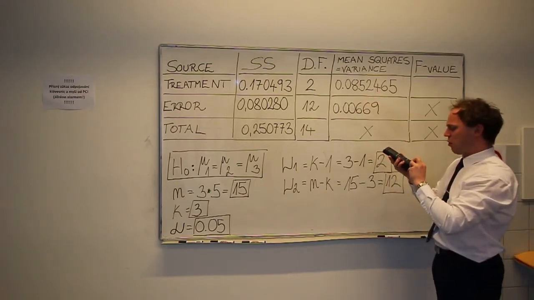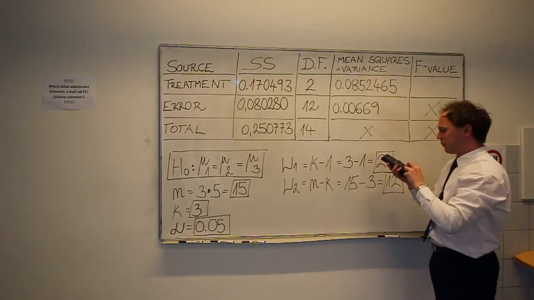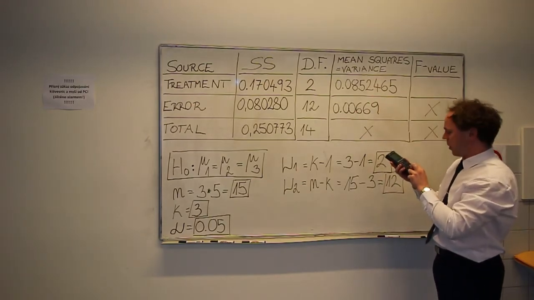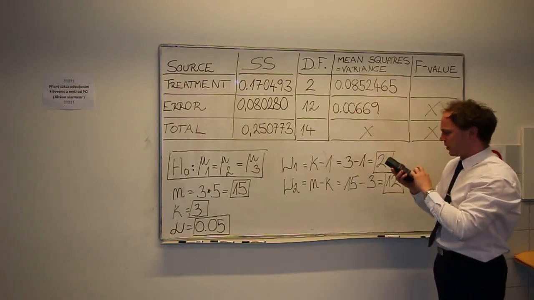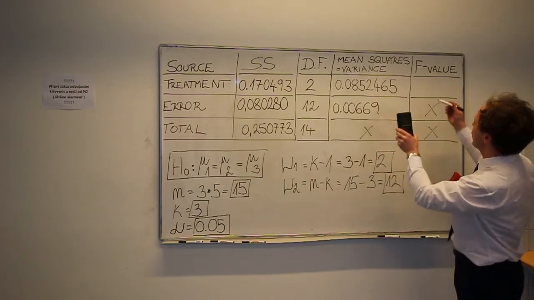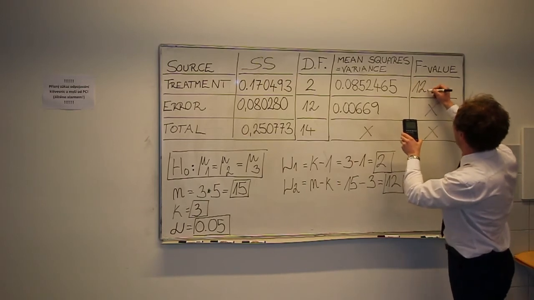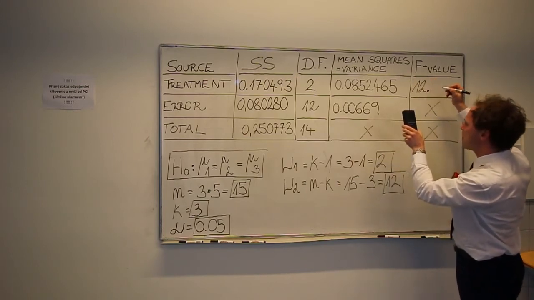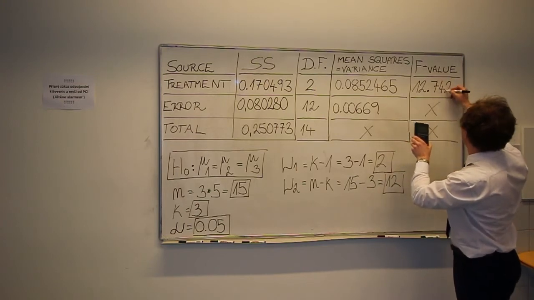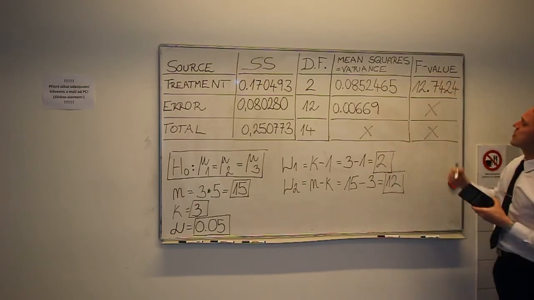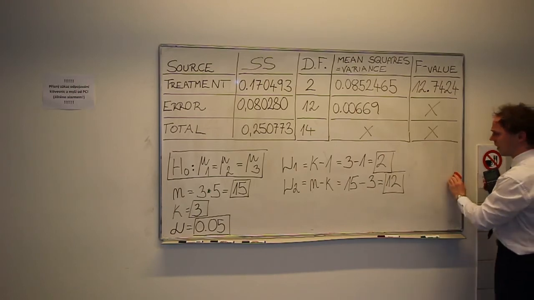So 0.0852465 divided by this result, and the F statistic is 12.7424. So this is the F statistic.